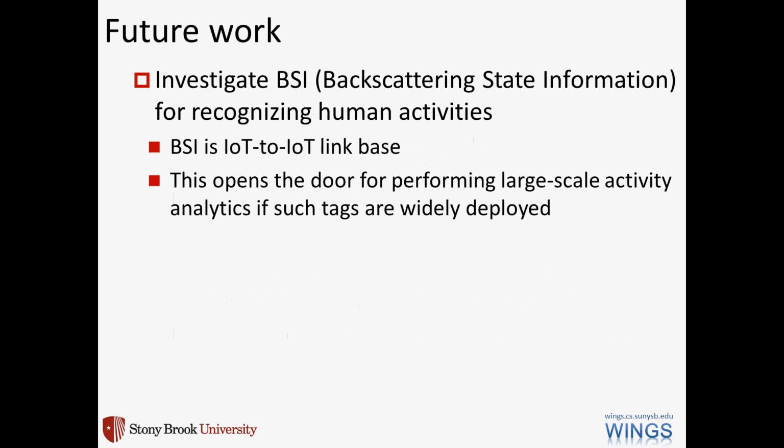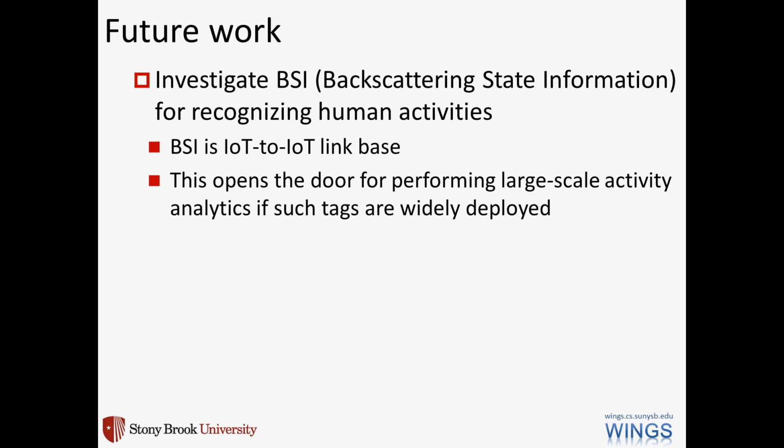So for future work, we are adding BSI, backscattering state information. We're going to investigate BSI for recognizing human activity. This platform is an IoT to IoT link, IoT to IoT devices. So BSI is in between the IoT to IoT link.